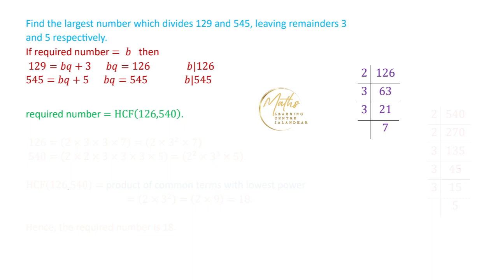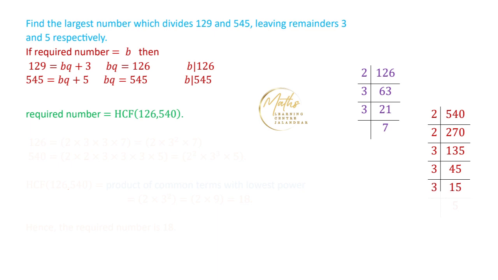Similarly, the prime factorization of 540: we have 2 as the factor, the quotient is 270. Again 2 is the factor, the quotient is 135. Now 3 is the factor, the quotient is 45. Again 3 is the factor, the quotient is 15.